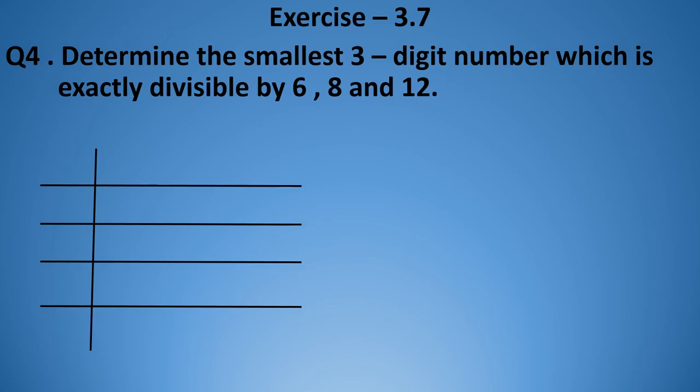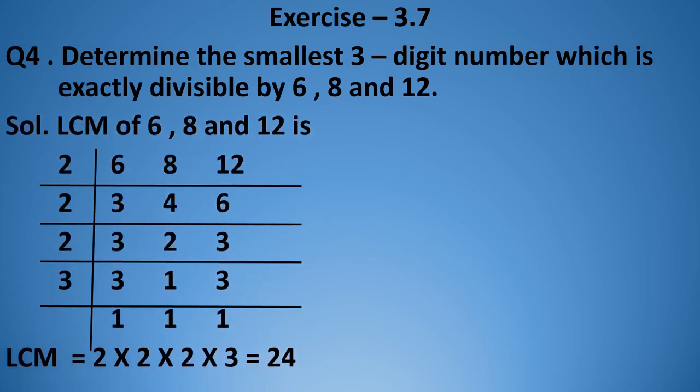Remember, LCM is always divisible. Okay. And HCF always divides. So here we have to find out which number is exactly divisible. So we will find out the LCM of 6, 8 and 12.